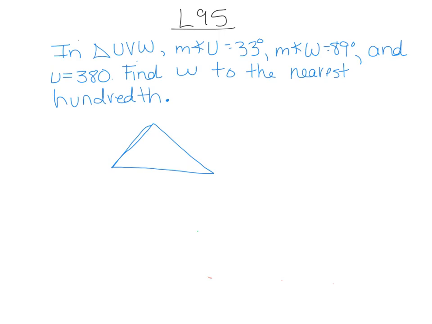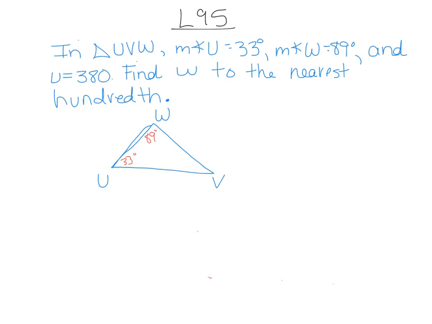It doesn't really matter what your triangle looks like, just that you have a triangle there. So the angles don't have to be in proportion to what you see. I'm going to make this U, V, W. Angle U is 33. Angle W is 89.